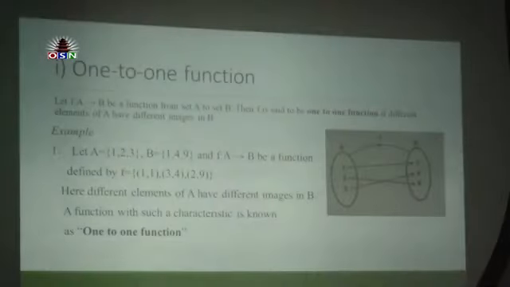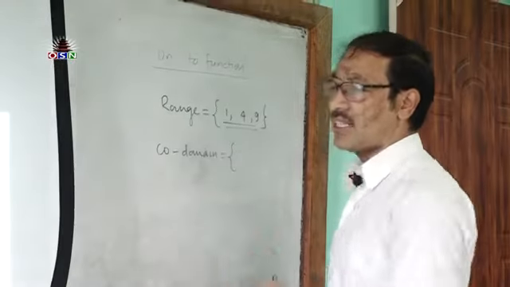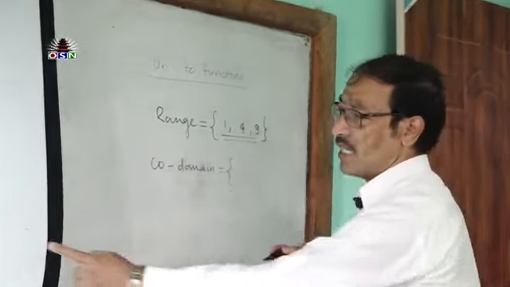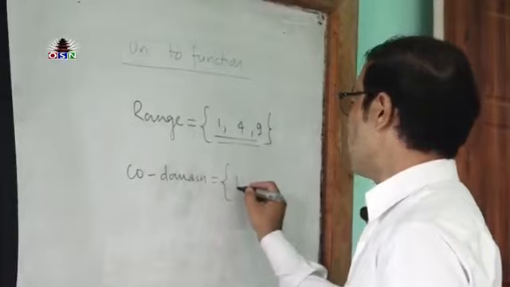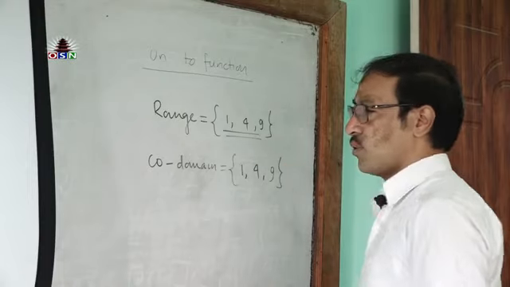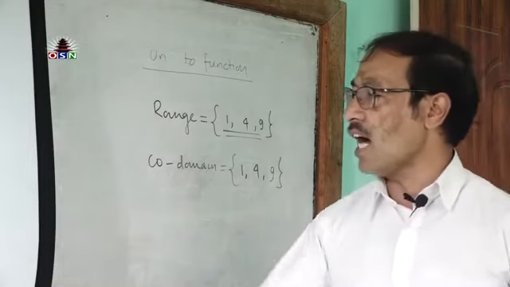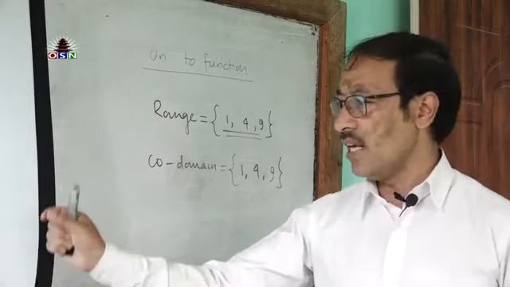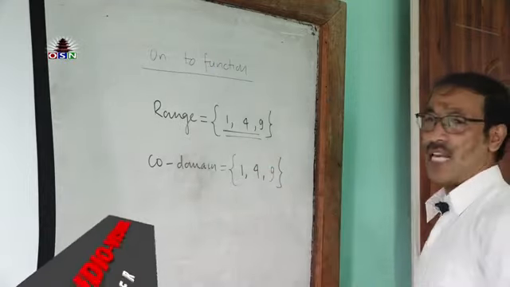That means codomain is the collection of all the elements that belong to the second set. That means here there are altogether 3 elements, 1, 4 and 9. There may be some more also. How many elements belong to the second set? Let's make a collection of all those elements.